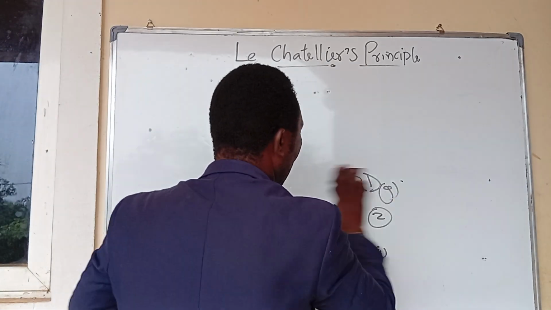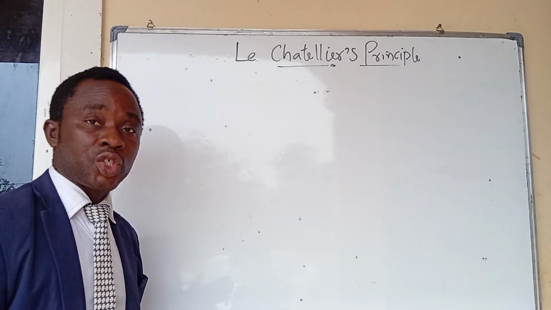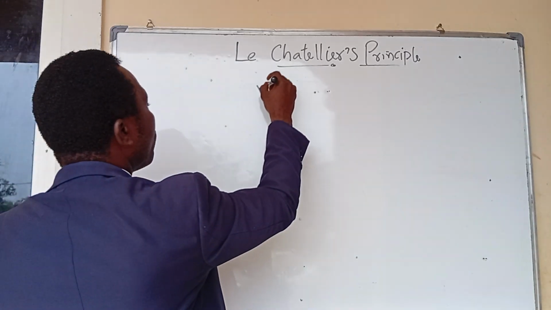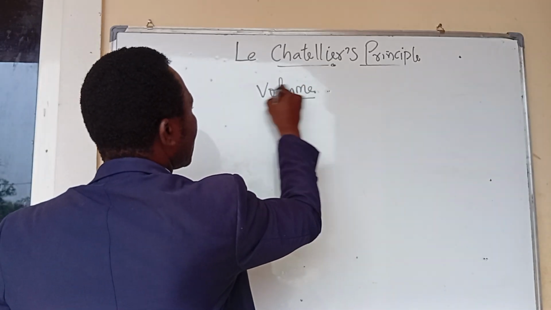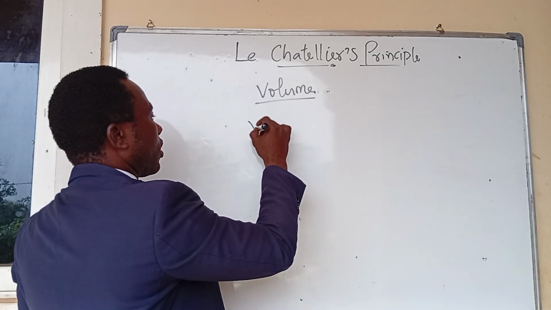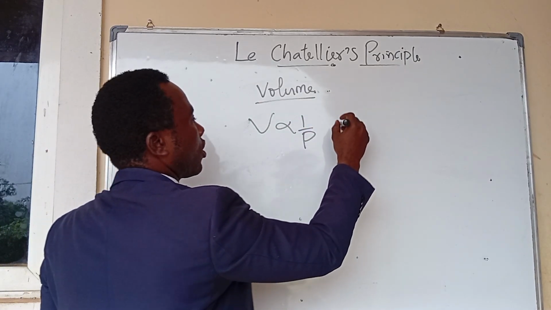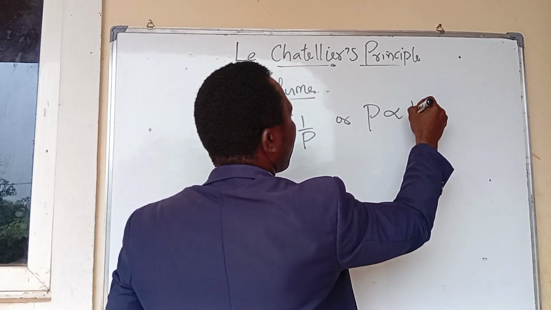Now, having gotten how pressure affects equilibrium position, let us now go to volume. How does volume affect equilibrium position? Now, we know from Boyle's law that volume is inversely proportional to pressure, or you can say that pressure is inversely proportional to volume.